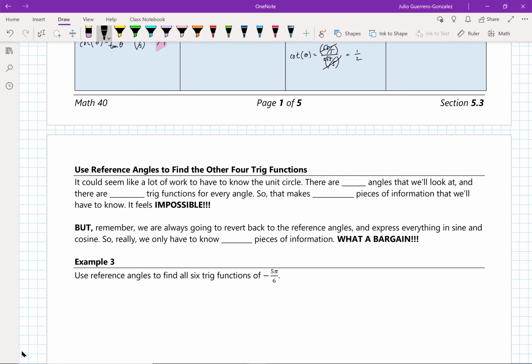So there are 16 big angles, right? And there are 6 trig functions for each one. So for just a unit circle, that's a lot. I'm not going to do the math, at least not for that.